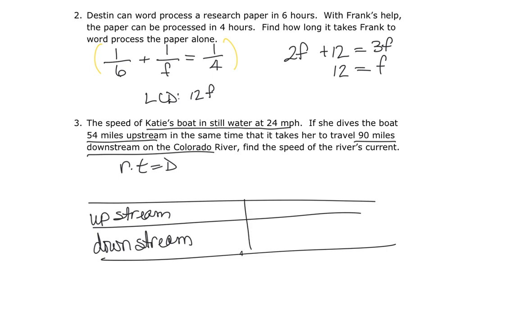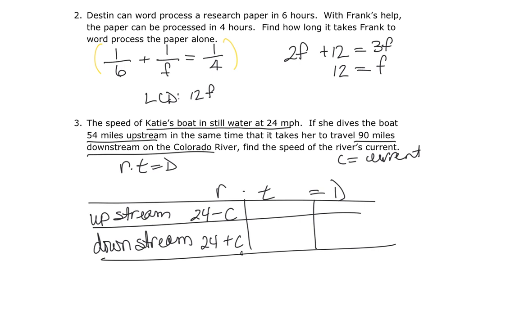I have rate times time is equal to distance. So the rate upstream would be the rate of the boat, which is 24, minus the current. I'm going to call that C. Let C equal the current. Then going downstream, the rate will be the rate of the boat plus the current, which will help them along.